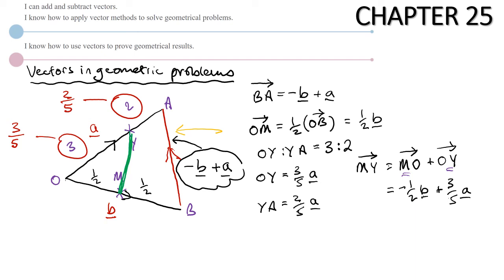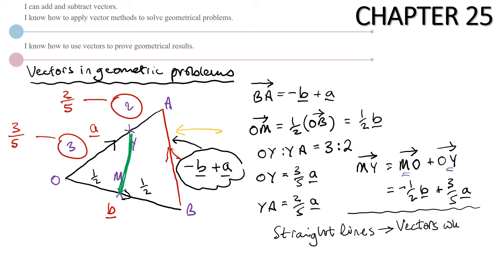Now one or two other things with vectors we need to know. One of them is proving something is a straight line. So with vectors, if something's going to be on a straight line, what we do is we have vectors which are multiples of each other.